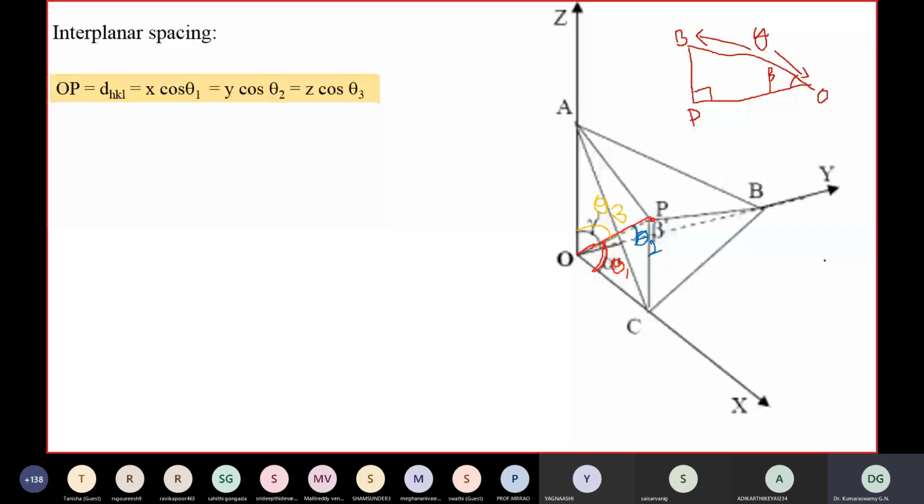That means these lines run on the plane. Okay. Now we have three right angle triangles with OP being common adjacent.